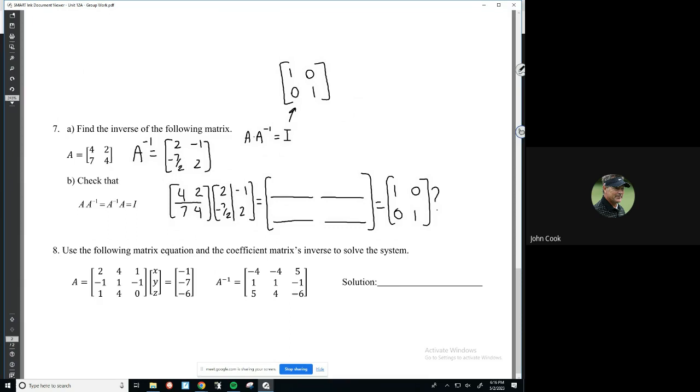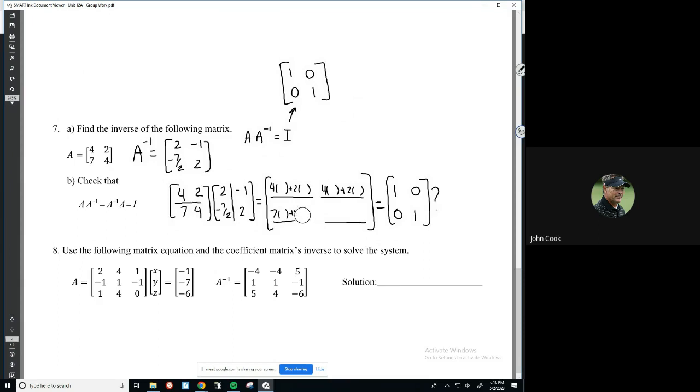Row 1 is 4 and 2, so 4 times something plus 2 times something. And then row 2 is 7 and 4, so 7 times something and 4 times something.